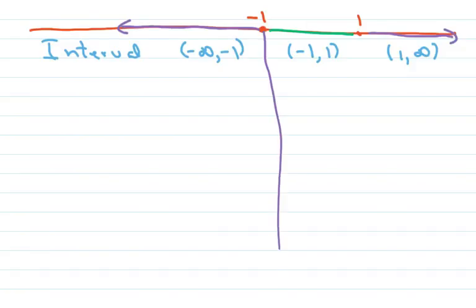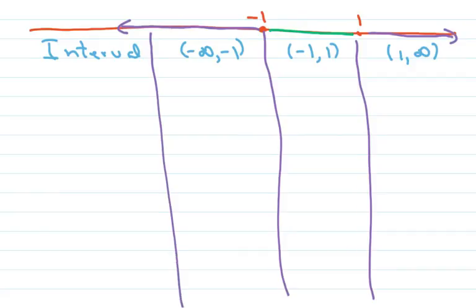So basically, I got 3 intervals here I have to check out, and I'm going to pick some points on these intervals. I pick as close to negative 1 as I can. I always pick 0 if I can, and I'm going to pick 2. I try to pick points without fractions in them. So that's my x values, and I need to find my y values.